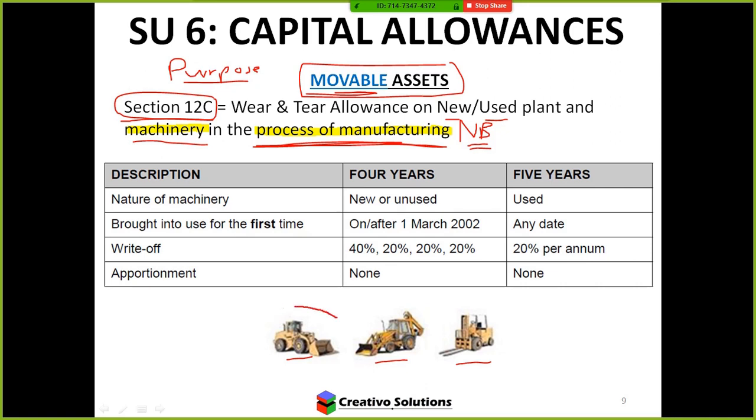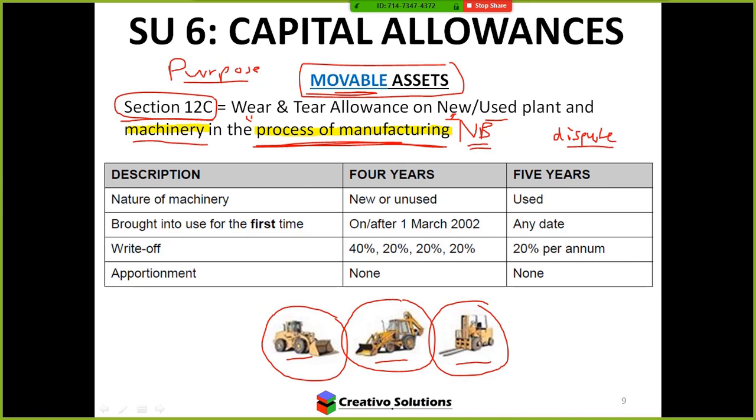Are these vehicles used in manufacturing? That you could maybe motivate, possibly. Again, it depends on this whole inverted commas process of manufacturing. And it comes back to the whole SARS debate, in terms of disputes. Sometimes you might say, well, this is part of manufacturing, and sometimes SARS will say, no, it's not.